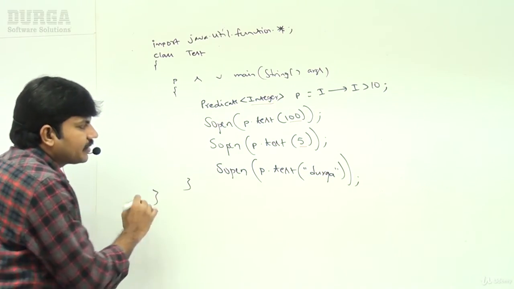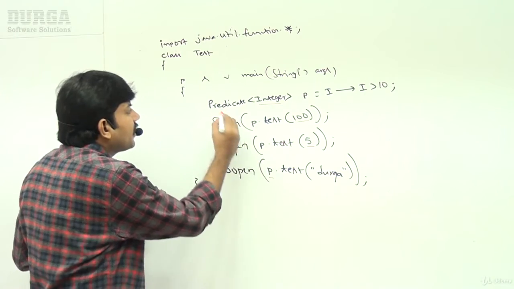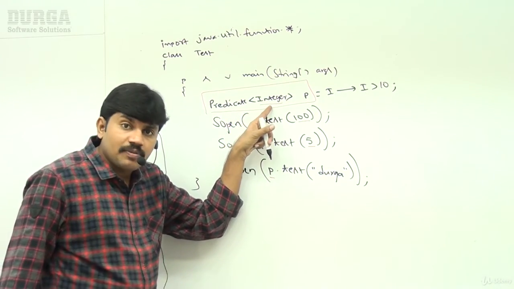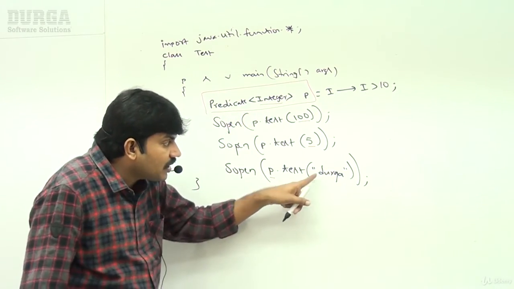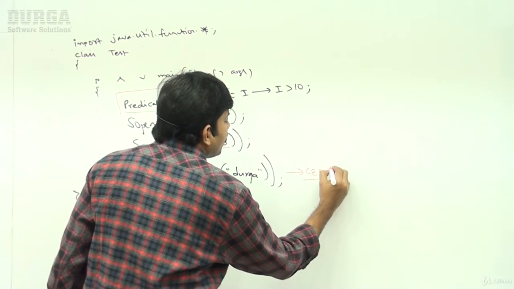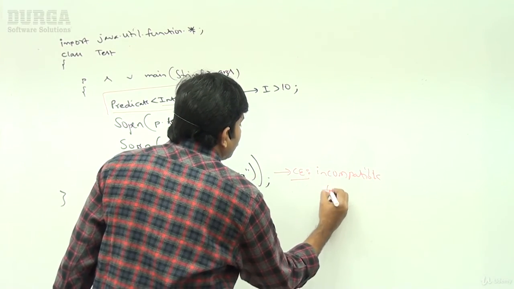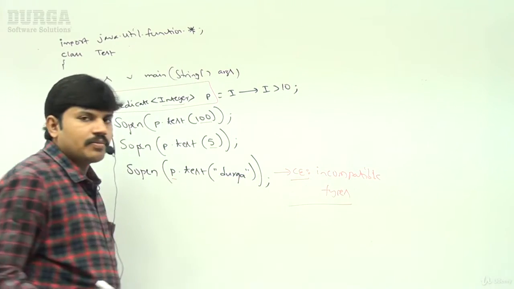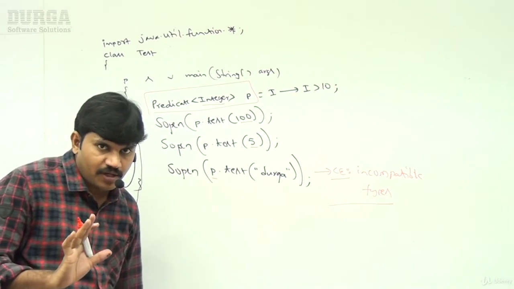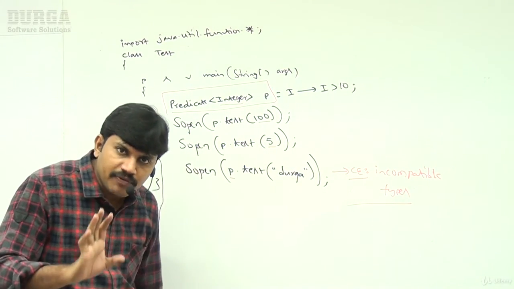If I do like this, immediately we will get a compile-time error, because this predicate is defined to take Integer type as the argument, but you are passing a String type. Then immediately we get a compile-time error saying incompatible types: String cannot be converted to Integer. Clear for all of you? This is the compile-time error by default we are going to get.